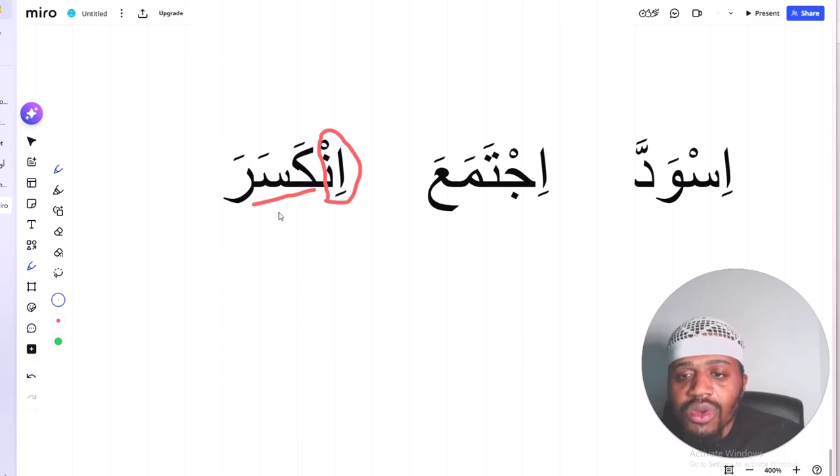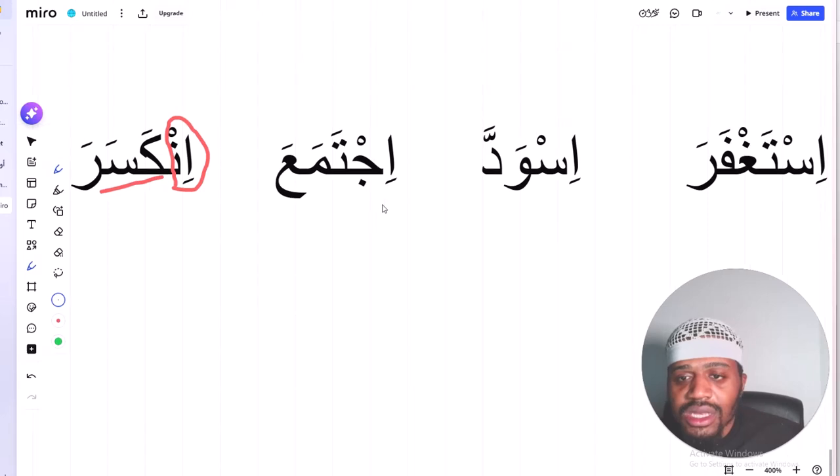So we are looking for the middle letter of the original word, and the original word is kasara. So you would take away the hamza and the noon, and you look for the middle letter of the original word, which is kasara. So we know that the middle letter here is the sin. Okay, and we'll go by fatha. So therefore, we're going to pronounce this hamza with kasra, inkasara.